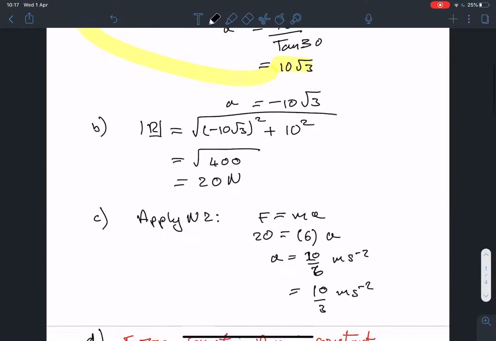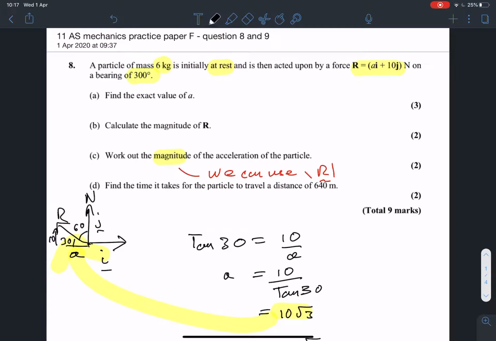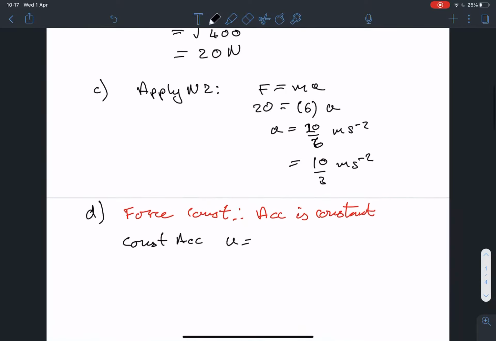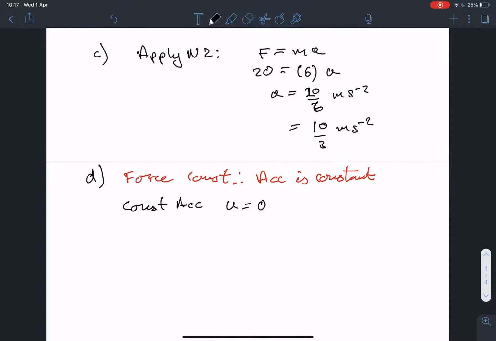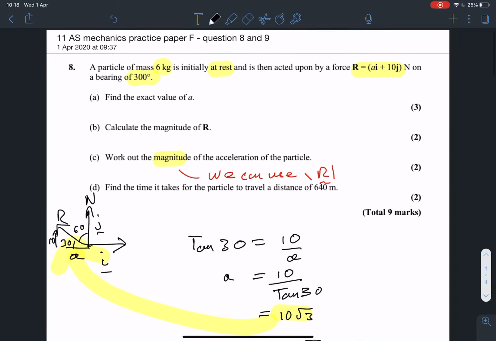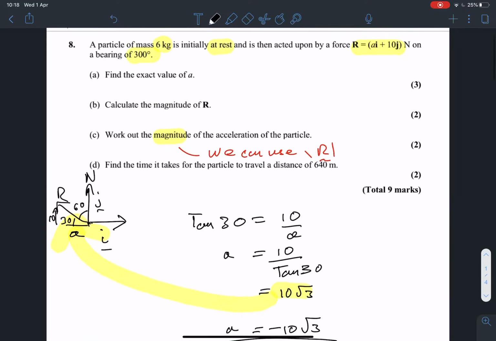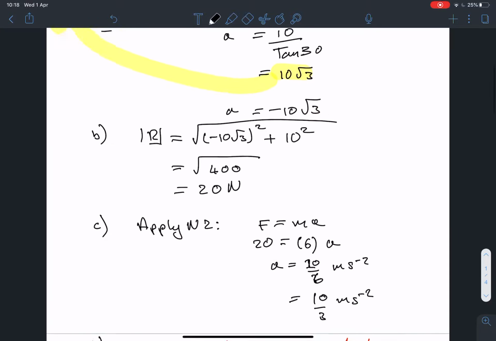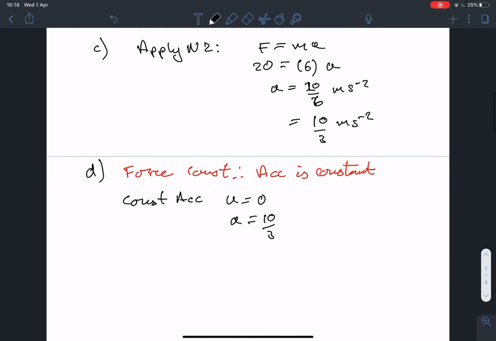U, what were we told? Particle initially at rest, so U equals 0. A we've worked out to be 10 over 3. We've been asked about the distance, so S equals 640, and we want the time. So the equation will be S equals UT plus a half AT squared.